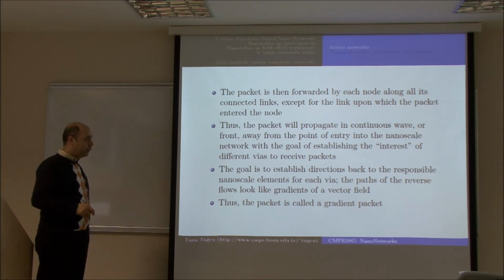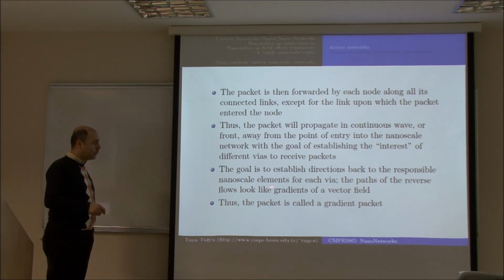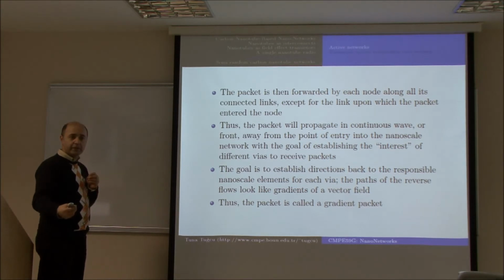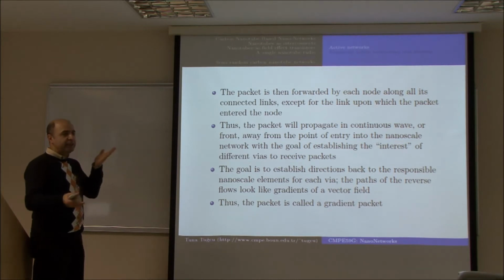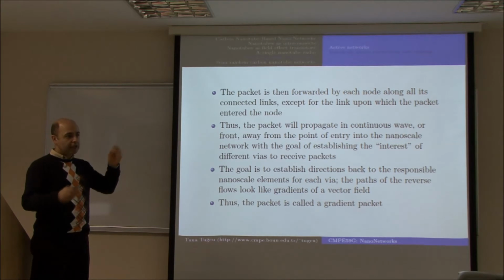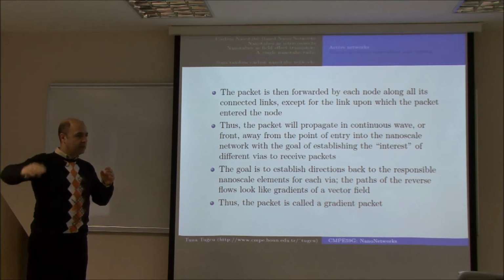So it's similar now. The goal is to establish the directions back to the interface towards the via. So the paths of the reverse flows would look like gradients of a vector field. Or take it this way, just visualize this. You have a water source, and you have a terrain with different heights at any point.